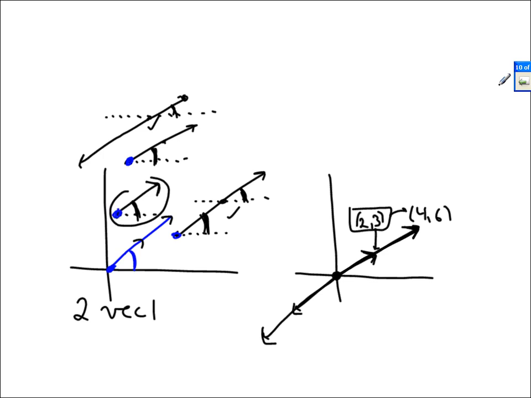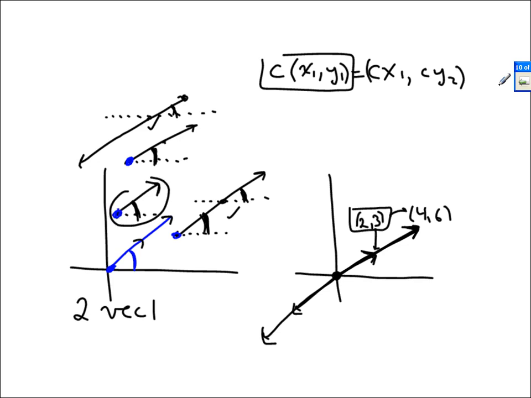I guess we should talk about scalar multiples. C, a real number, times the vector (x1, y1) is just C times the first component, comma, C times the second component. So here is a multiple of the vector (x1, y1). (4, 6) is nothing more than 2 times that other vector, (2, 3). 2 times 2 is 4. 2 times 3 is 6.